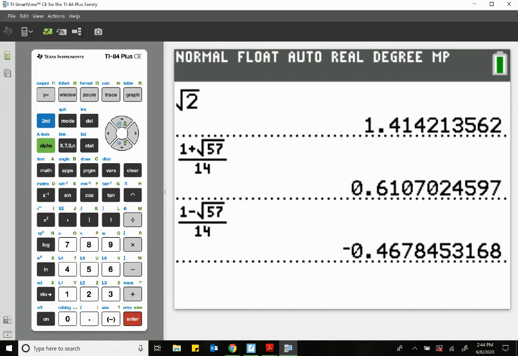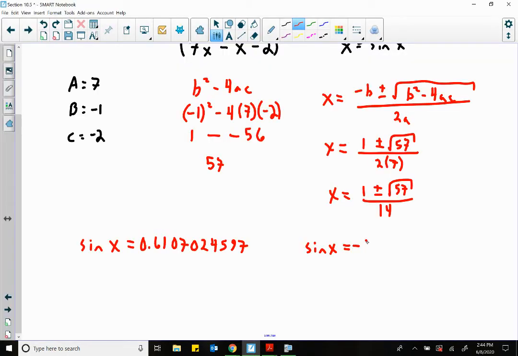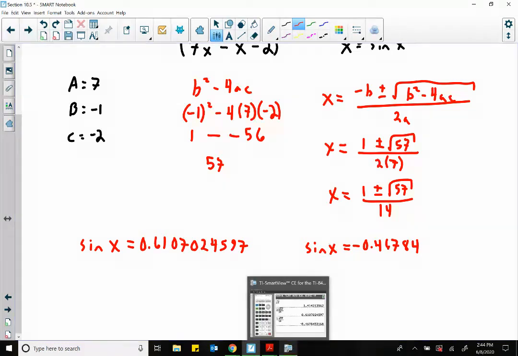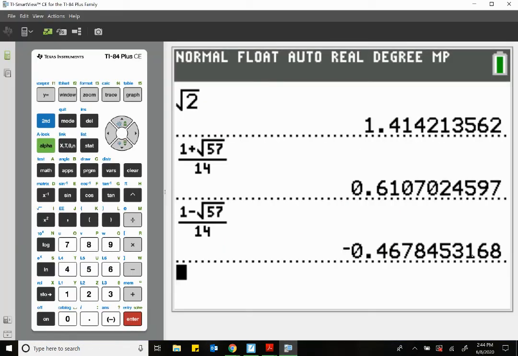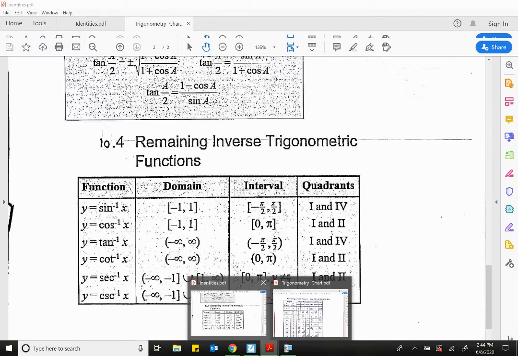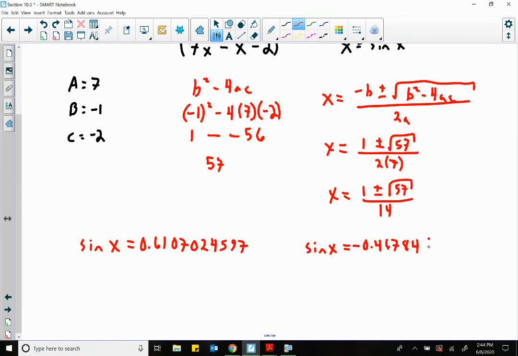So there we got negative 0.46784 53168. Okay. So there's our two numbers. There's what the quadratic gave us.